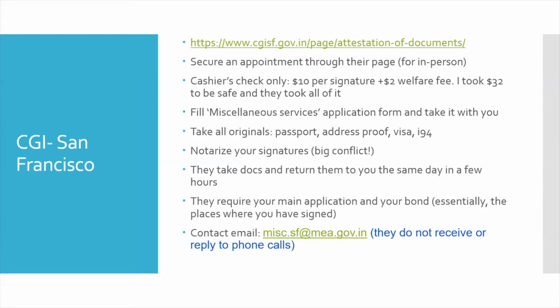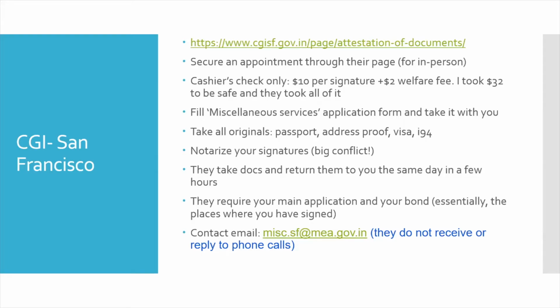The only confusing part is the fees. And they mentioned that it's $10 per document, but I had just one document and 2 signatures. So it should actually be $22, but then they charged me 36. And I said, I've just got 32, and that also on the safe side. So they said, okay, give 32.